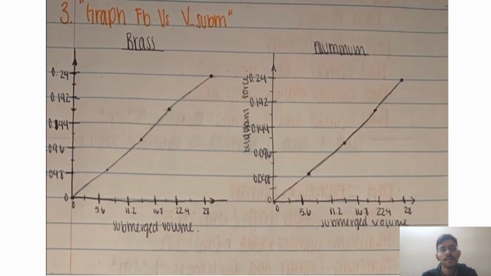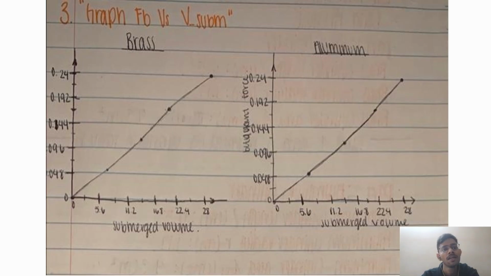In this slide we can see the graphical approach for brass and aluminum. Here we have the graph between submerged volume and buoyant force, with submerged volume on the x-axis and buoyant force on the y-axis.